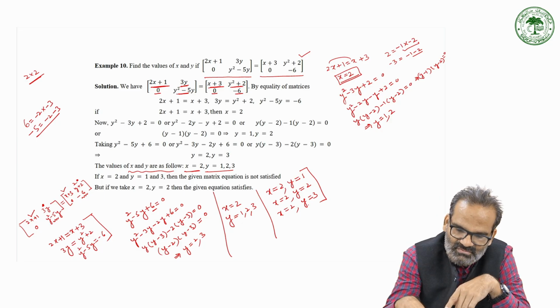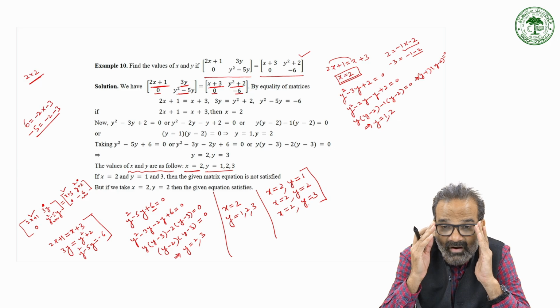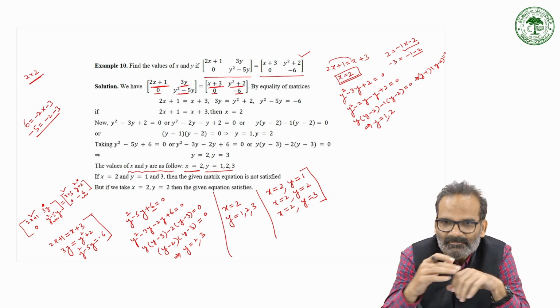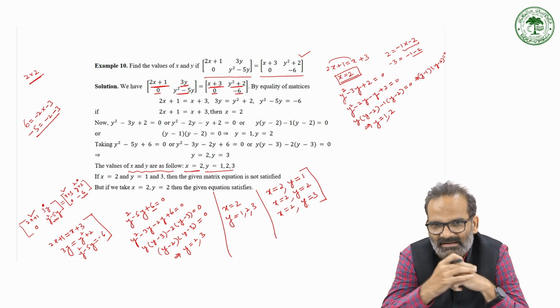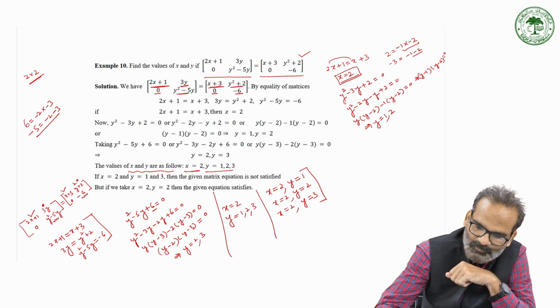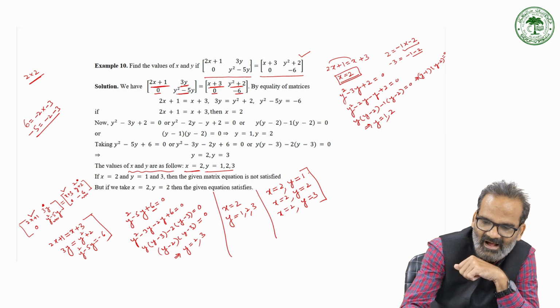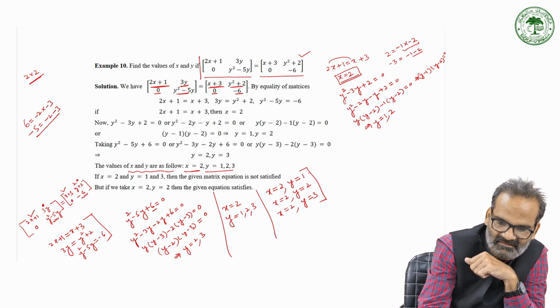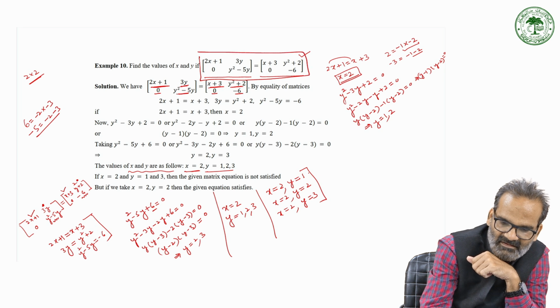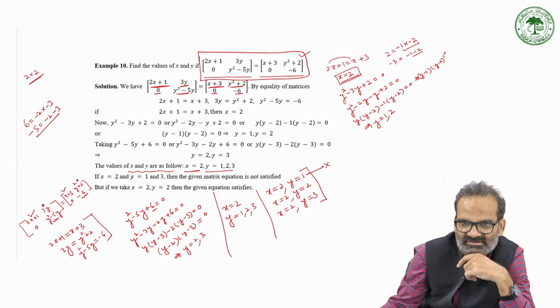So if x is 2, y may be 1; x is 2, y may be 2; x is 2, y may be 3. Now we will check which of these three possibilities is true. It's an exercise for you. If you put x equals 2 and y equals 1 in our equation, this first value will not be satisfied, so this is not the solution.